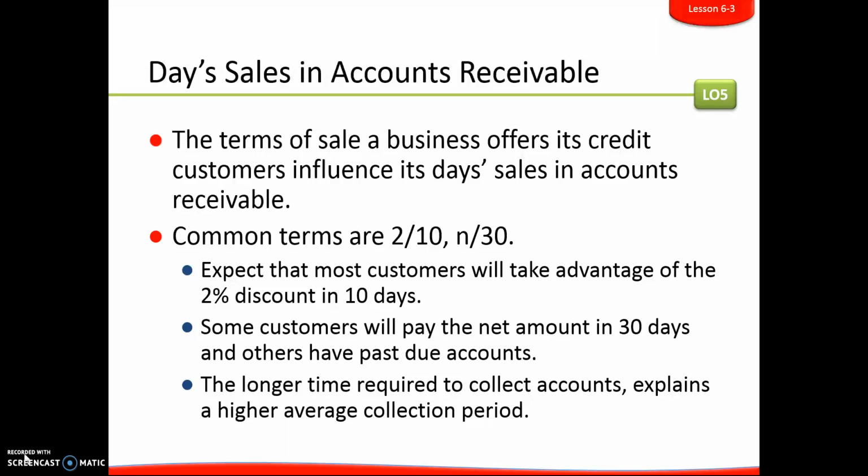Of course, we also have some customers who are not going to pay until the 30 days, which is where the n/30 comes in, or the net amount. All of what they owe is due in 30 days. And others, of course, are going to go past that and have past due accounts. The longer the time required to collect on accounts, that obviously explains why we could have higher than average collection period times, which is not ideal.